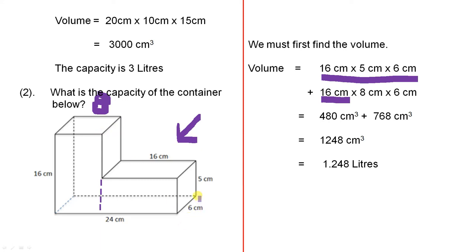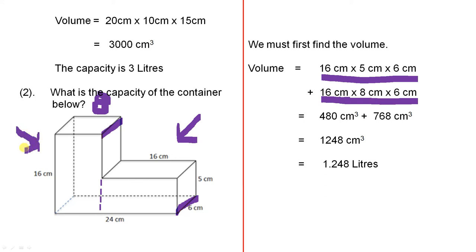See the 6 here? That 6 there gives us the same length. So those two, since they're the same, are both 6. So the volume of this section here will be 16 centimetres by 8 centimetres by 6 centimetres. So that gives you that volume there.